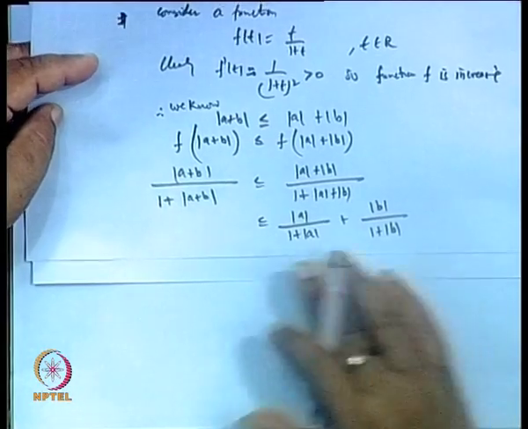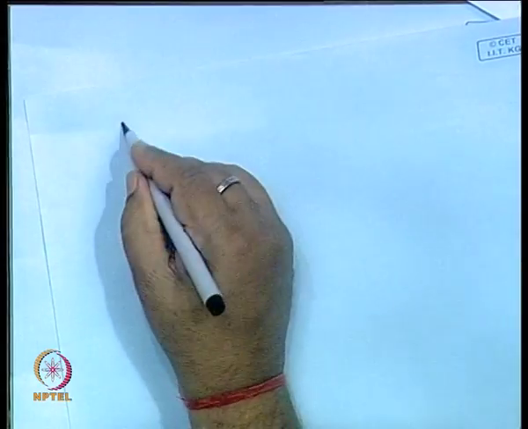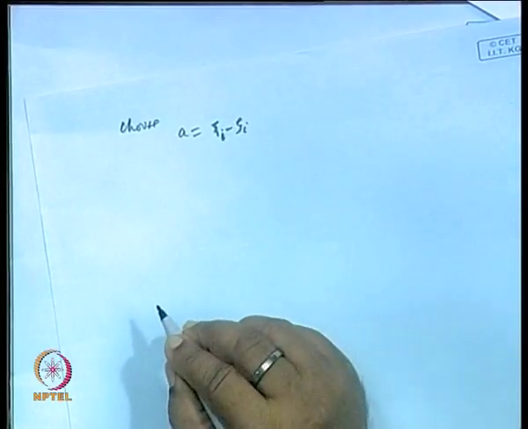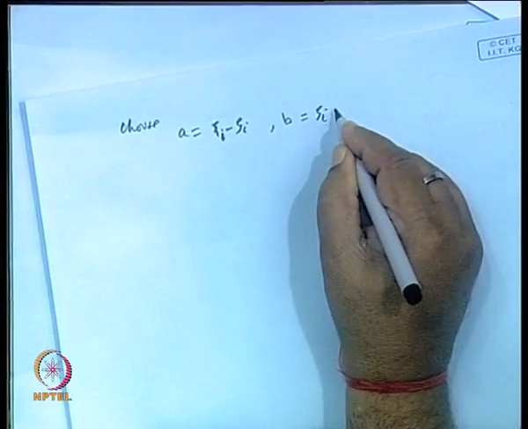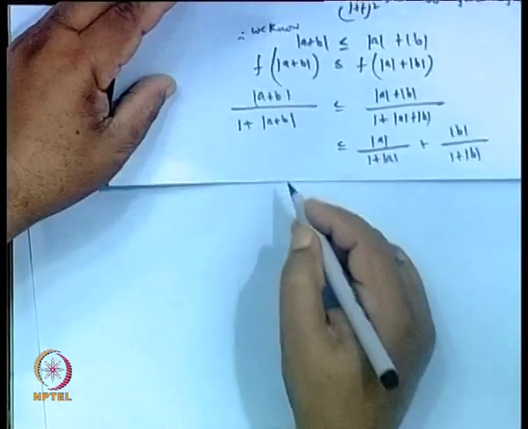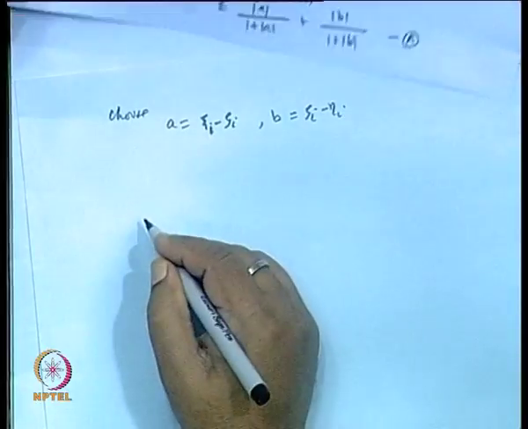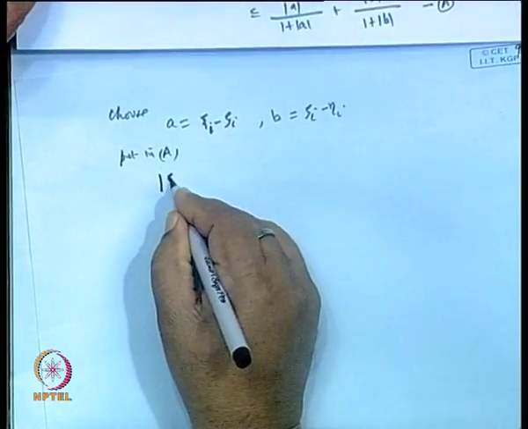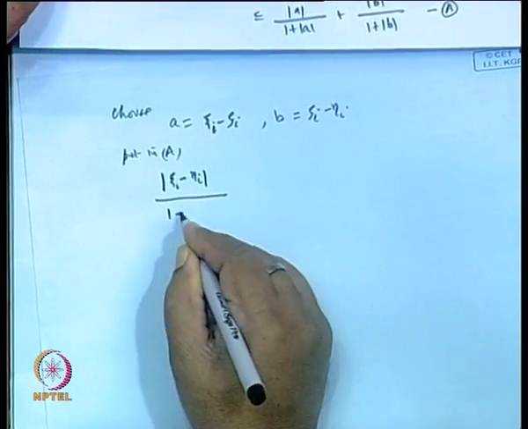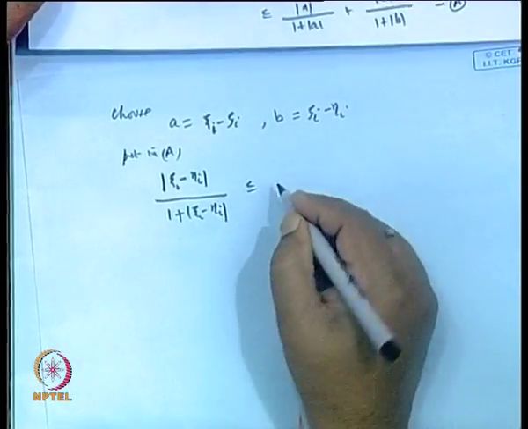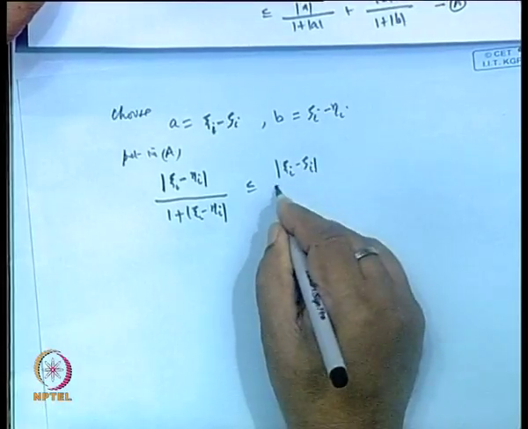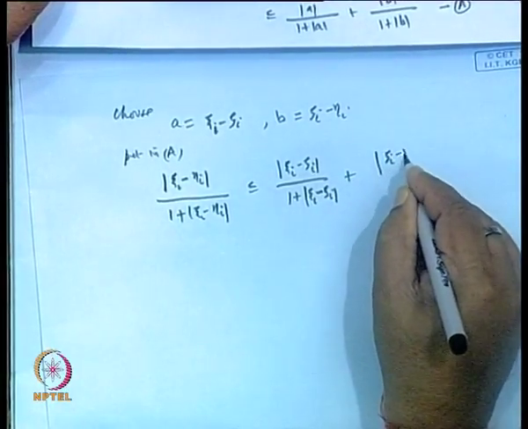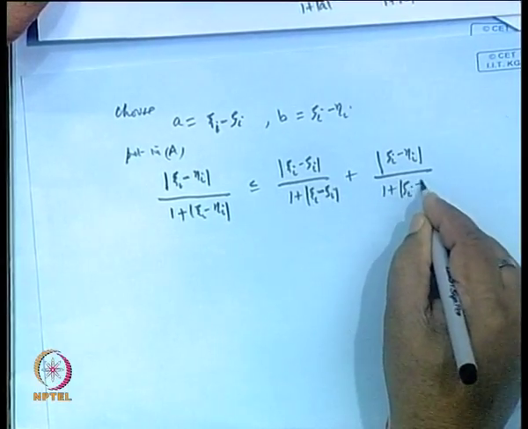Now, from here it can be shown, if I choose a to be xi i minus zeta i, and b to be zeta i minus eta i, then a plus b is xi i minus eta i. Substituting in this, we get mod of xi i minus eta i over 1 plus mod of xi i minus eta i is less than or equal to mod xi i minus zeta i over 1 plus mod xi i minus zeta i plus mod of zeta i minus eta i over 1 plus mod zeta i minus eta i.